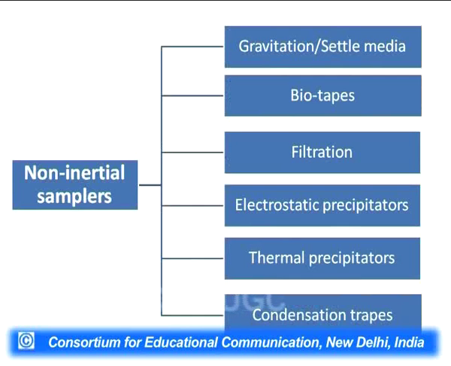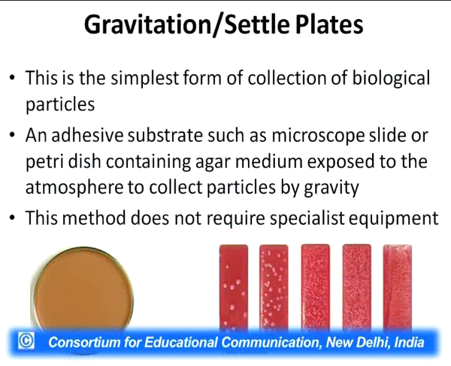Now, the next one is the non-inertial type of sampler. Non-inertial samplers are again of many types. They could be gravitational, also called settle media, biotapes, filtration, electrostatic precipitators, thermal precipitators, and condensation traps.